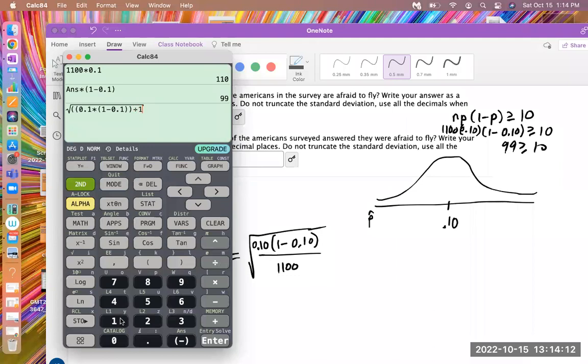Then divided by 1,100. And we get 0.009045. I'm going to keep all decimal places there.